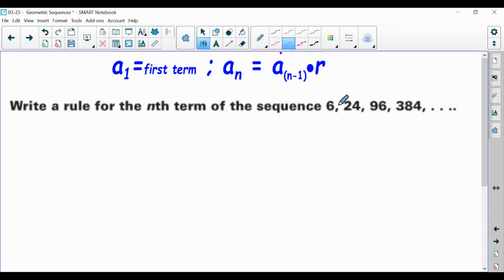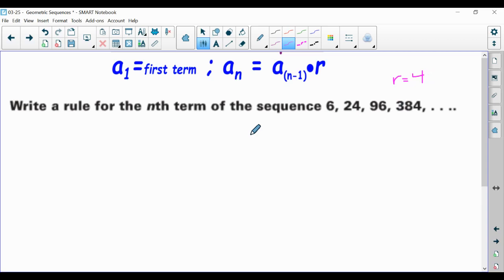So I have a sequence that goes from 6 to 24 to 96 to 384, and I want to make sure that that pattern is consistent. So I would divide 24 by 6 and 96 by 24 and 384 by 96, and I find that there is a pattern of multiplying by 4. So that common ratio is 4, and therefore it's super easy.